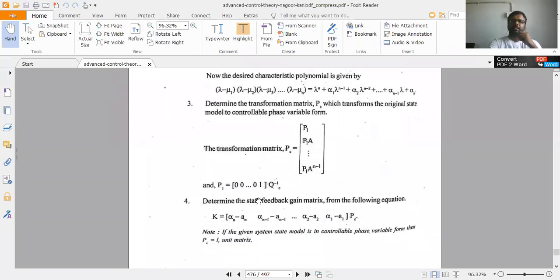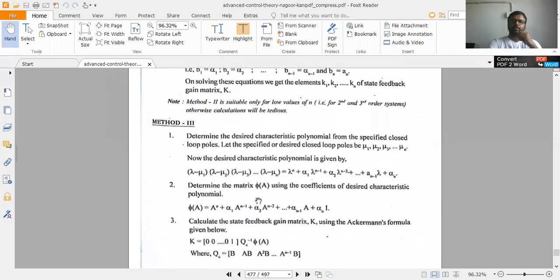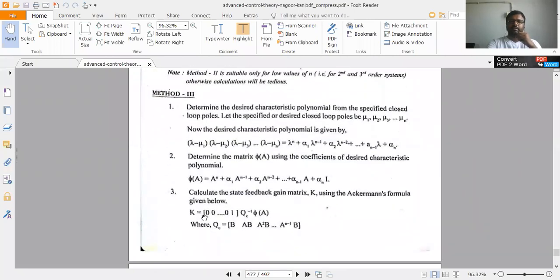In the same manner, here the state feedback gain matrix can be calculated with the help of Ackermann's formula as K is equal to 0, 0, 0, and so on up to 1, into QC inverse. QC is the controllability matrix.